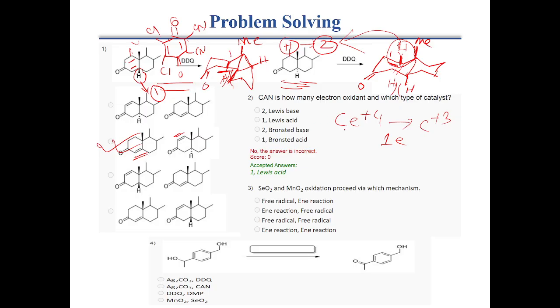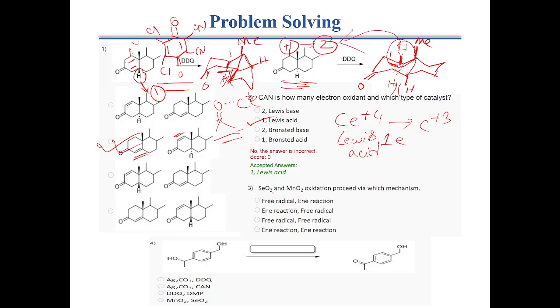It also has nitrate groups, so it can act as a Lewis acid. It coordinates with any carbonyl compound, showing Lewis acidic behavior. So the right answer is Lewis acid and one electron.